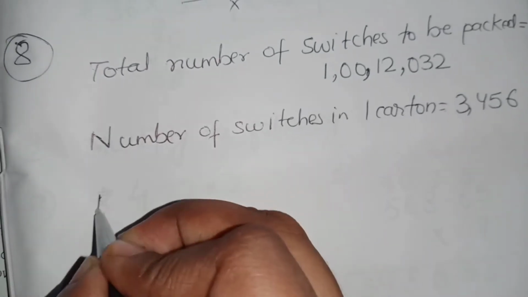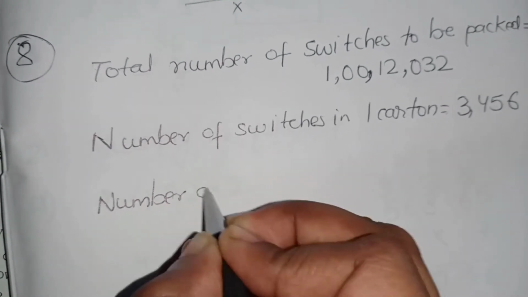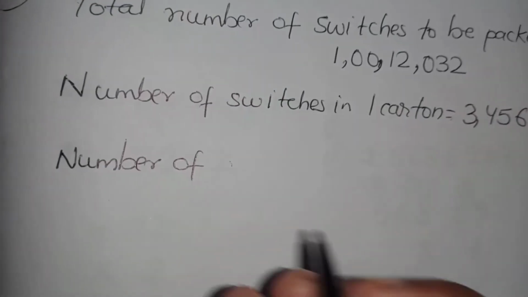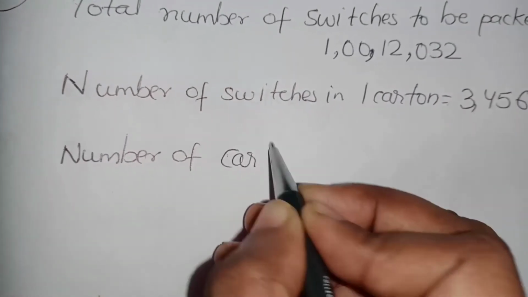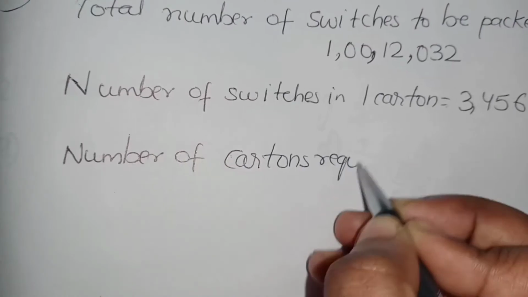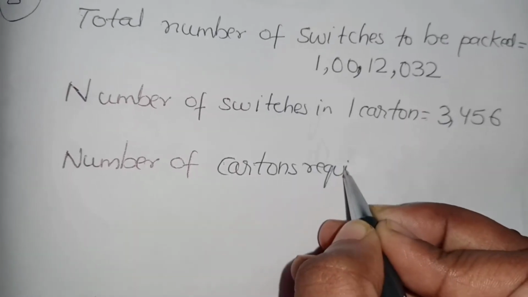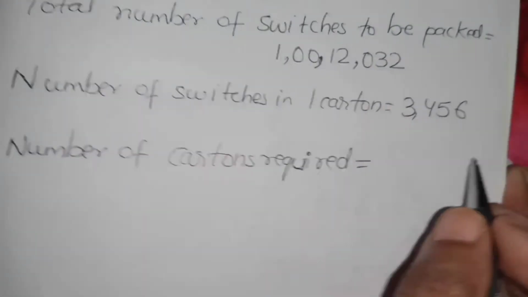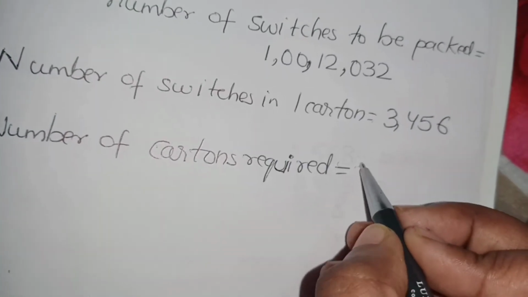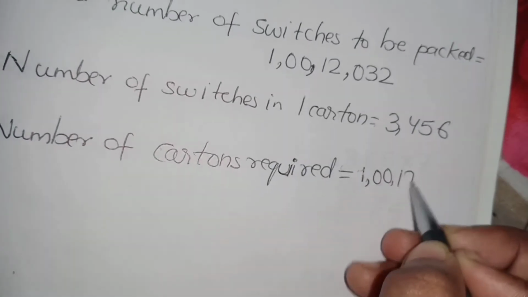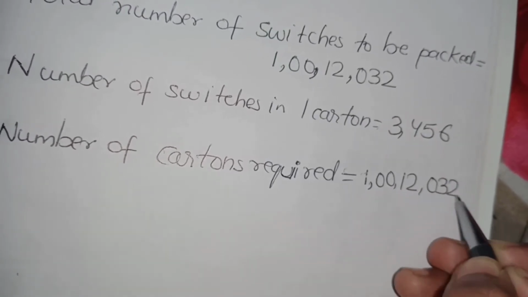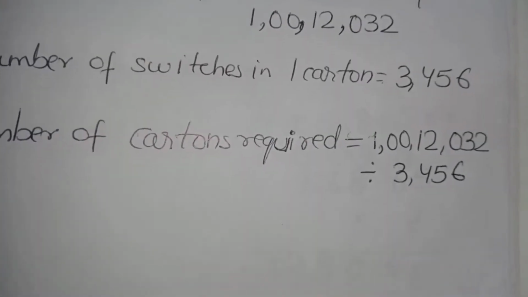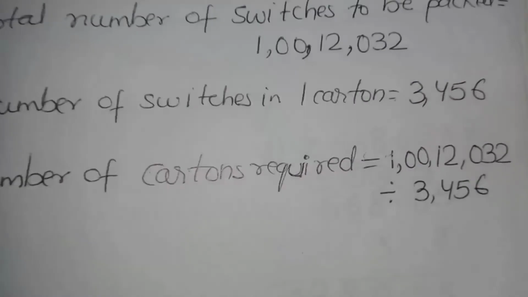Number of cartons required is equal to, what do you have to do? We have to divide this 1,12,032 by how much? 3,456. So now let's divide and let's see how many cartons will be required.